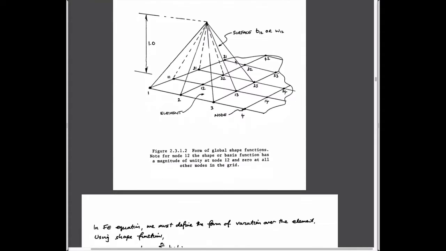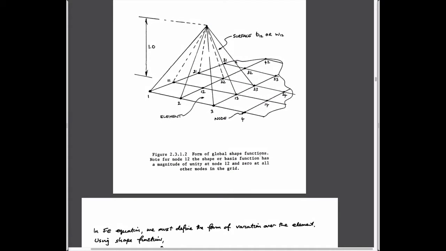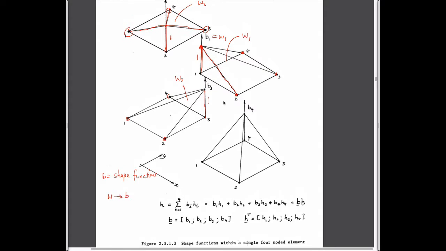And so this is kind of the idea, that above a particular node, the shape functions would be equal to 1, and they die away around those nodes to be equal to 0. So you can either define it within a single element, which is really what this is.